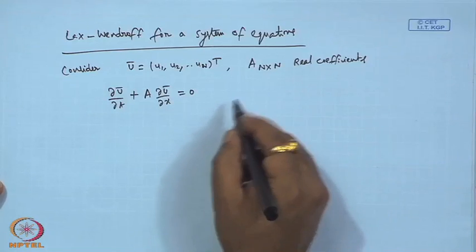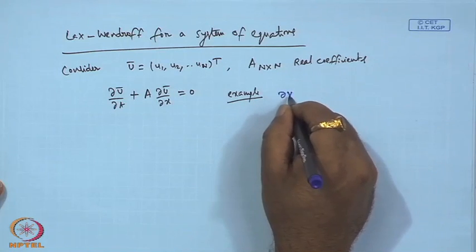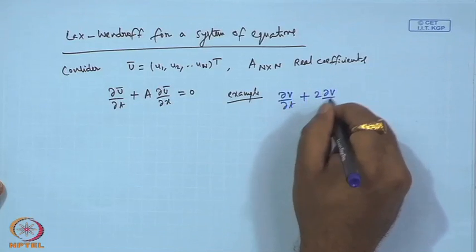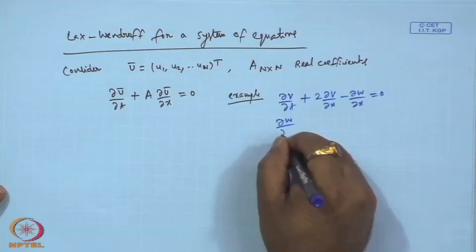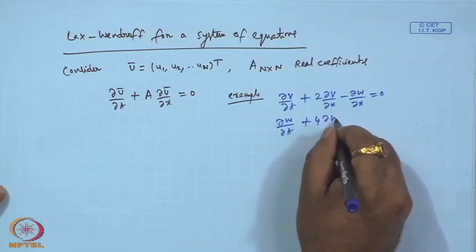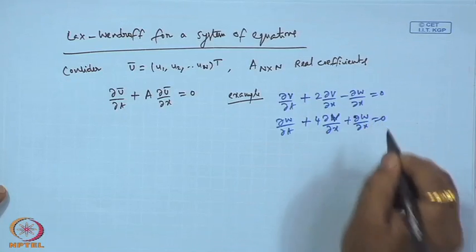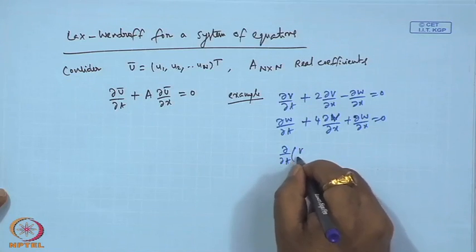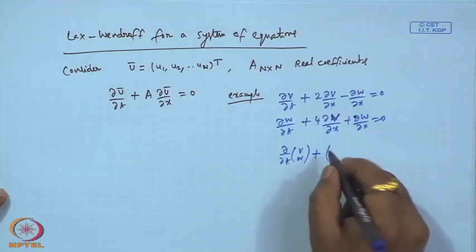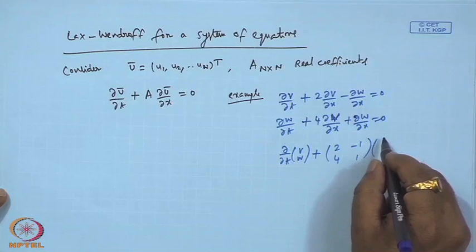So, for example, say we have... okay. So, this can be put it in the system where A dou u by dou x.